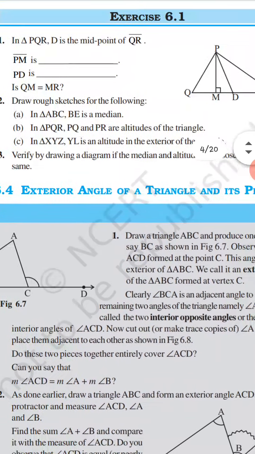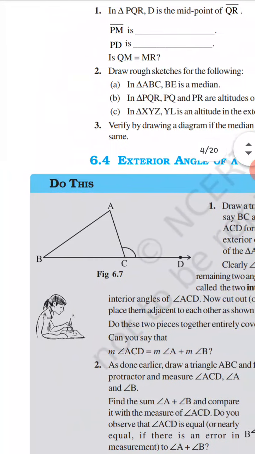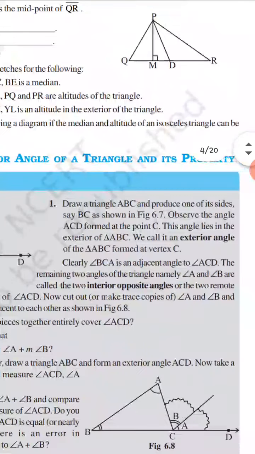Now the exterior angle of a triangle. You see ABC is a triangle. If you produce any side, suppose BC to D, then angle ACD will be the exterior angle of the triangle. Any side we can produce and we can get the exterior angles.